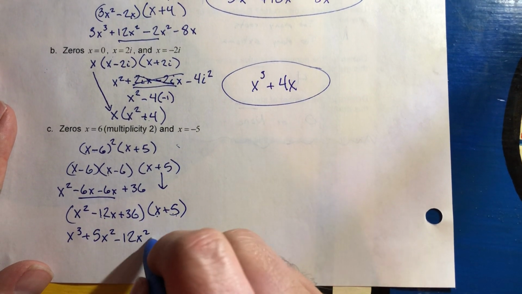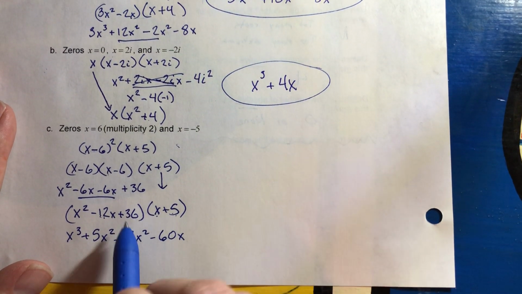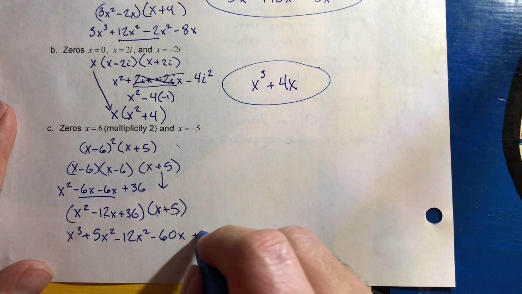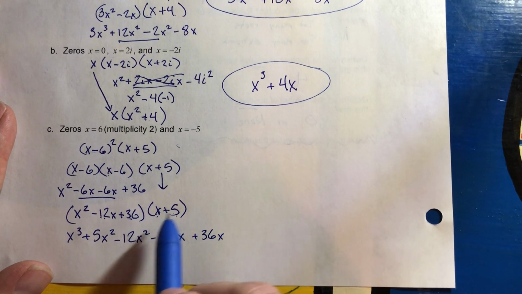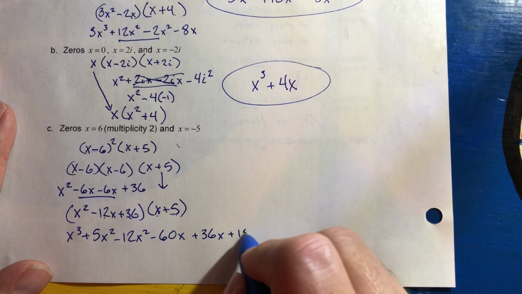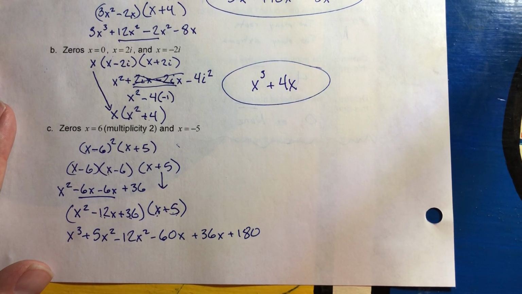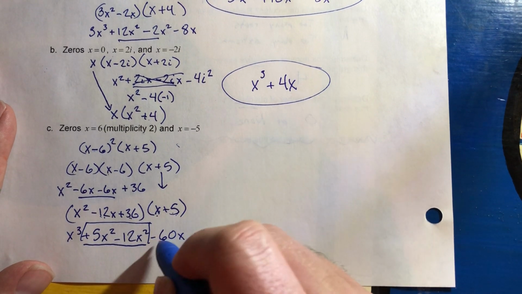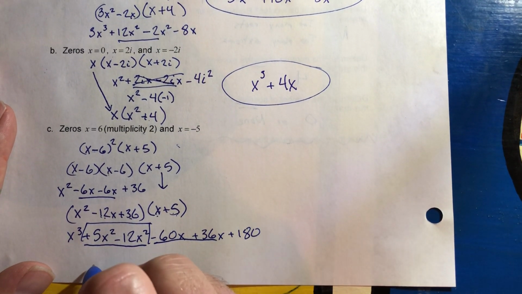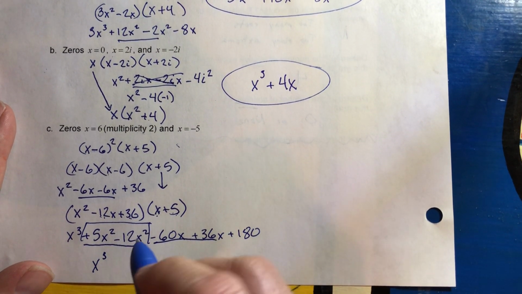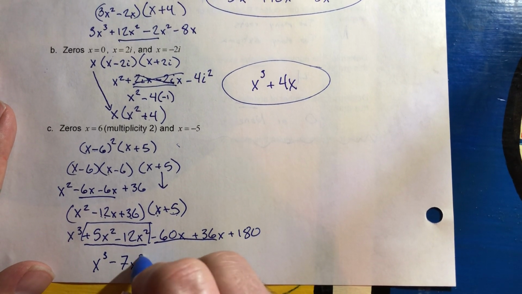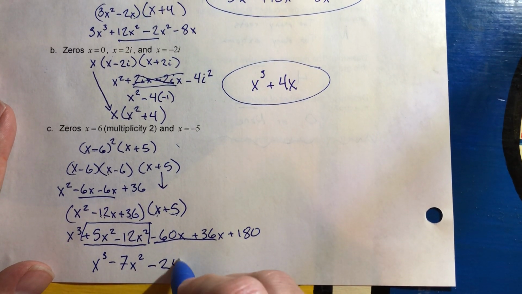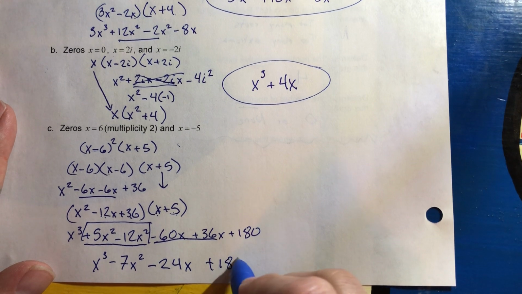Negative 12 times 5, negative 60x. 36 times x, plus 36x. 36 times 5, I believe, is 180. Okay, and then now I have this is like terms, and that is like terms. So my final answer here, x cubed minus 7x squared minus 24x plus 180.